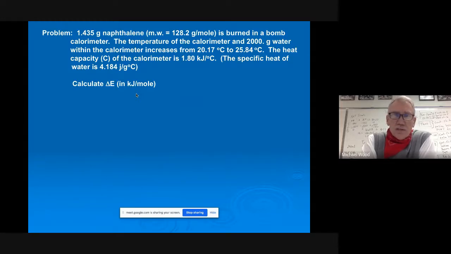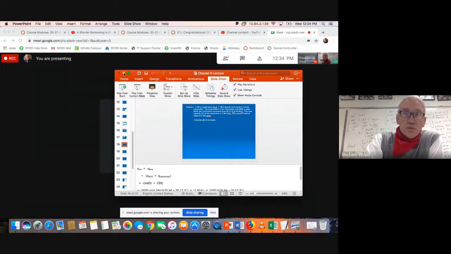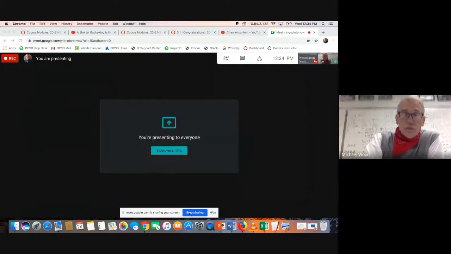If the heat capacity isn't given, then the calorimeter itself is not absorbing some of the energy. The temperature of the calorimeter, 2,000 grams of water, increases. So whenever they give us the heat capacity, we are going to do SMAT plus CAT. I will show you what I'm talking about.